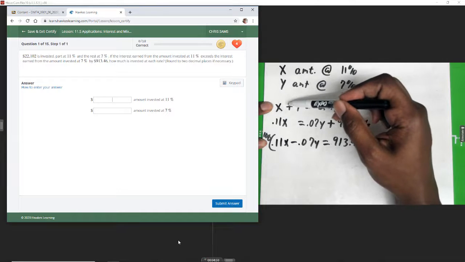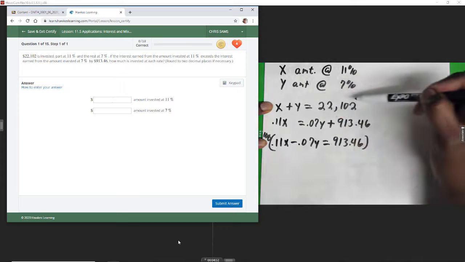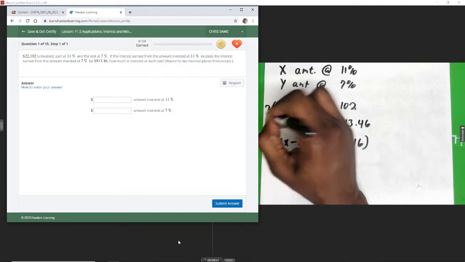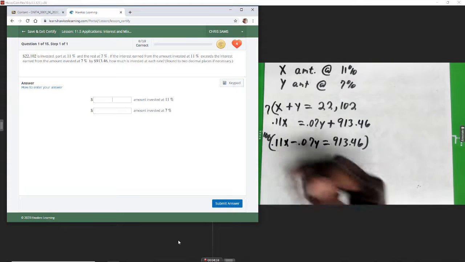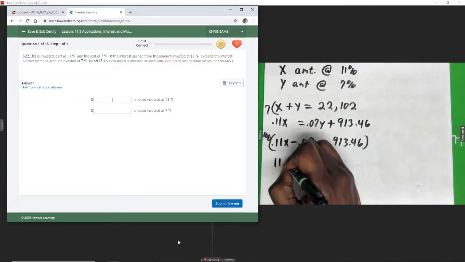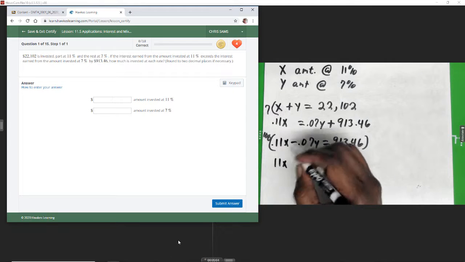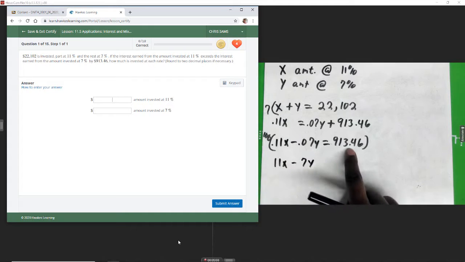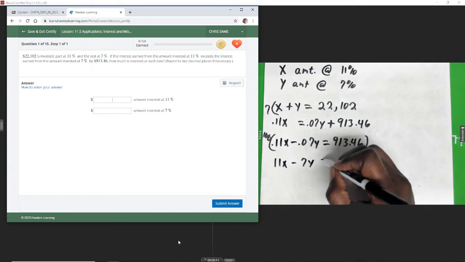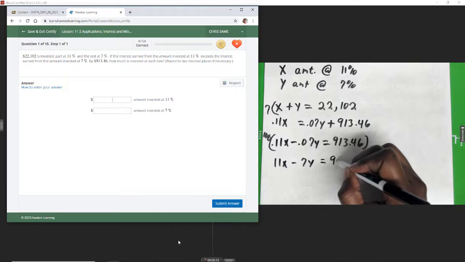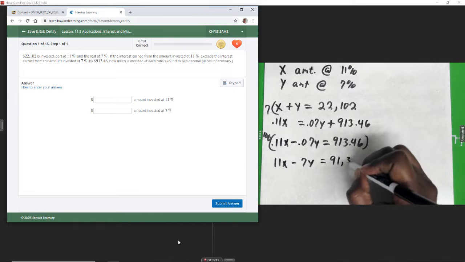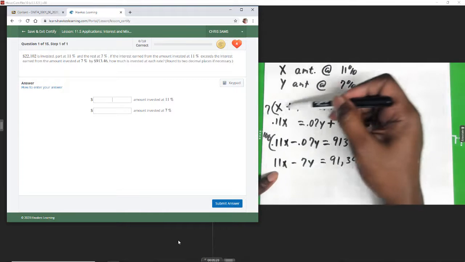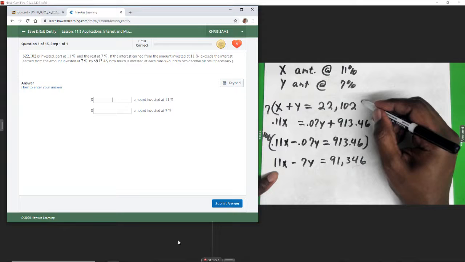To eliminate y, we'll need to multiply this equation here also by 7. So multiplying by 100, this will become 11x minus 7y, and 100 times this moves the decimal twice, so this will be 91,346. That's this equation.